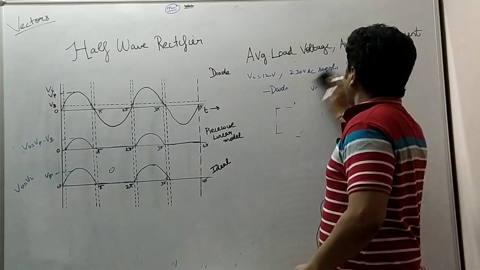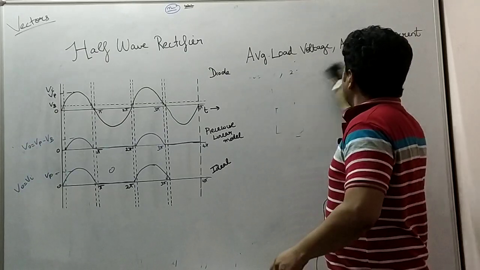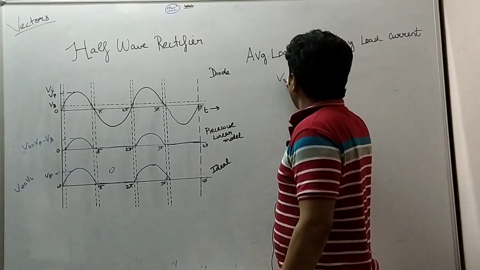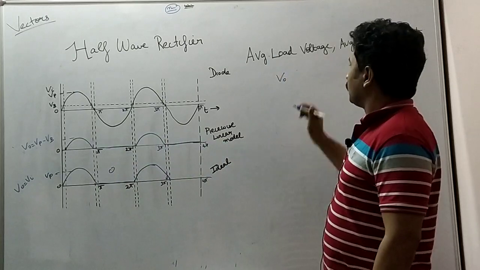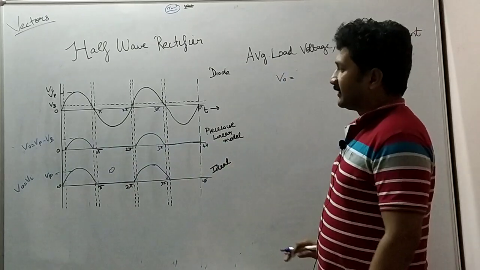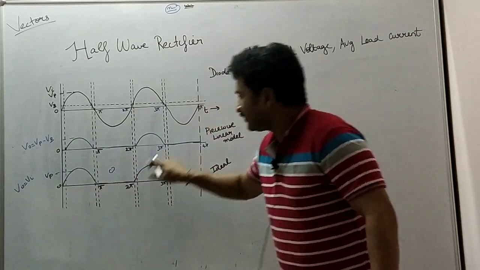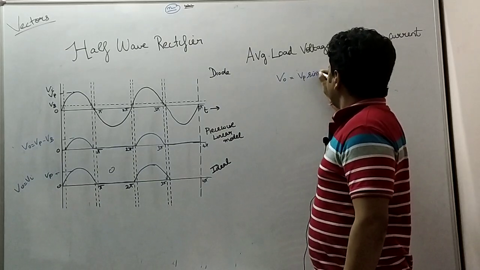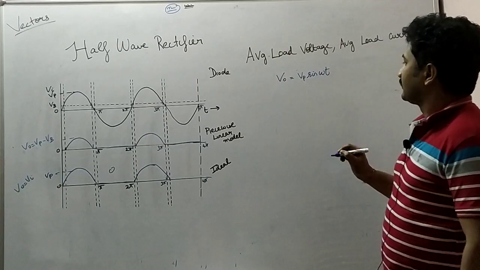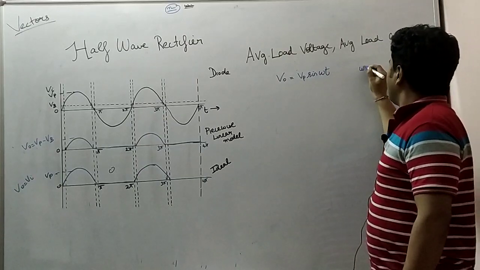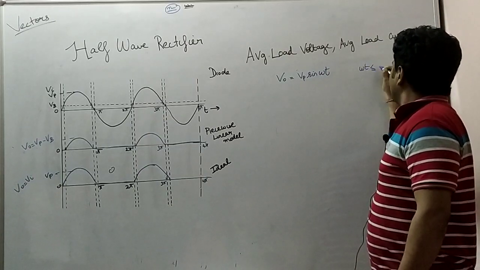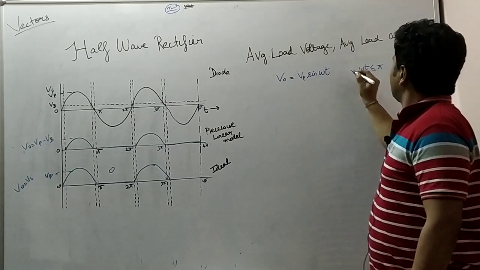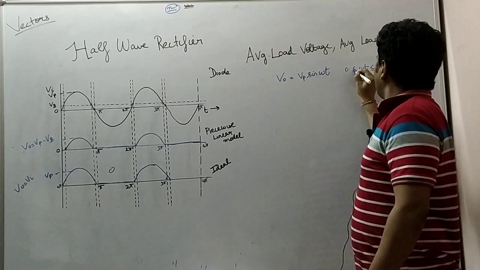So if we observe that in mathematical notation, output voltage V0 at the positive half cycle alone is in sinusoidal format. Here this is sinusoidal format. So we write Vp sin omega t with the condition omega t less than or equal to pi and greater than or equal to 0.